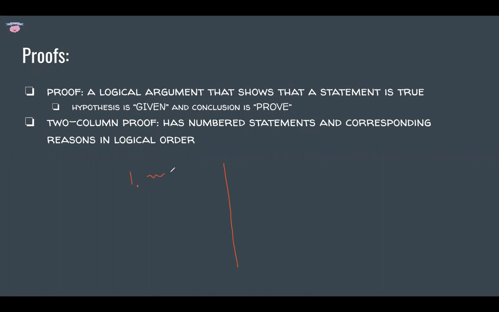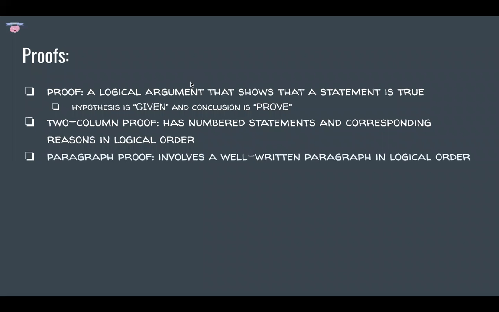So we have our first statement here, and then the reason for that. And the reason is usually some theorem or postulate that we have. And then we have the second statement, and then the reason, and so on and so forth. A paragraph proof involves a paragraph, as said by the title, and that's just writing and giving your reasoning along with your statements.